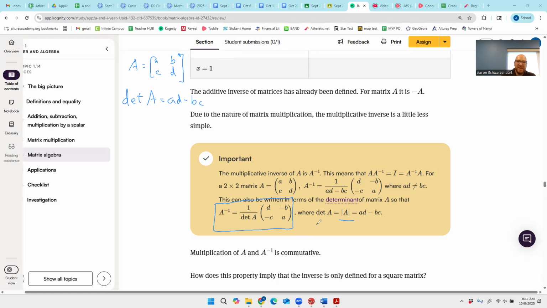I would write it as det A. I use that notation for magnitude too, which kind of makes sense, because it's very similar to absolute value; magnitudes are always positive.